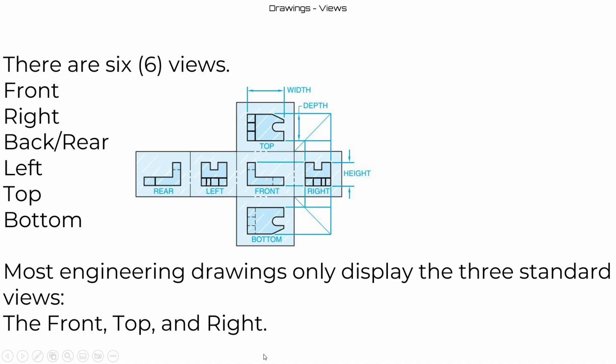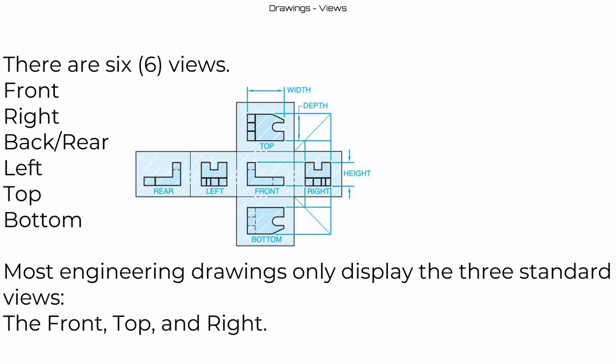As stated before, the glass box method is a very great way of visualizing your part when it's being projected. There are six different views that we want to take into consideration here: front, right, back, left, top, and bottom. If you put all these together, these will render the 3D shape that we are trying to use.